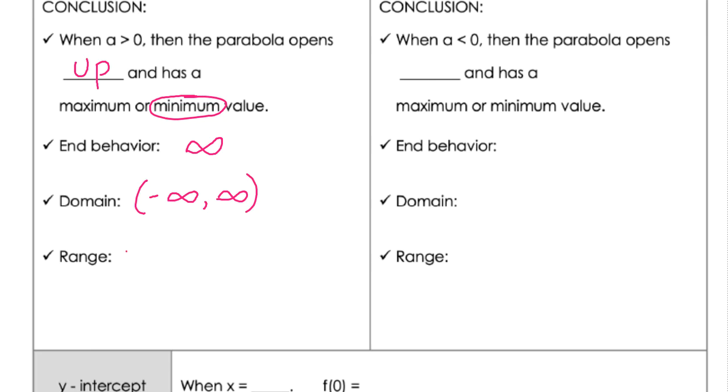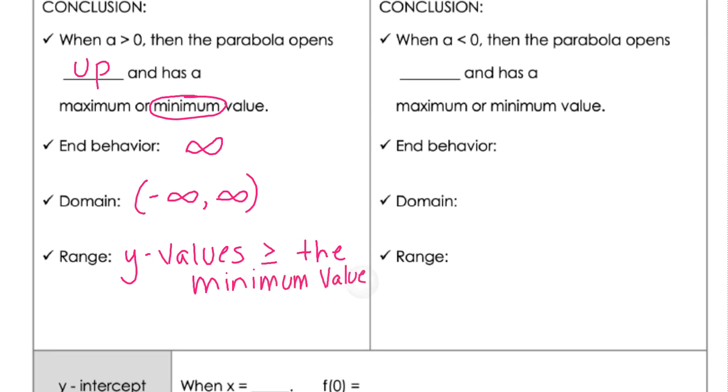So we would say the range is y values that are greater than or equal to the minimum value, so the y value of that minimum point, or the vertex point. The way we would write it is from whatever that y value is up to infinity, because it's pointing upward, so it's going up forever.